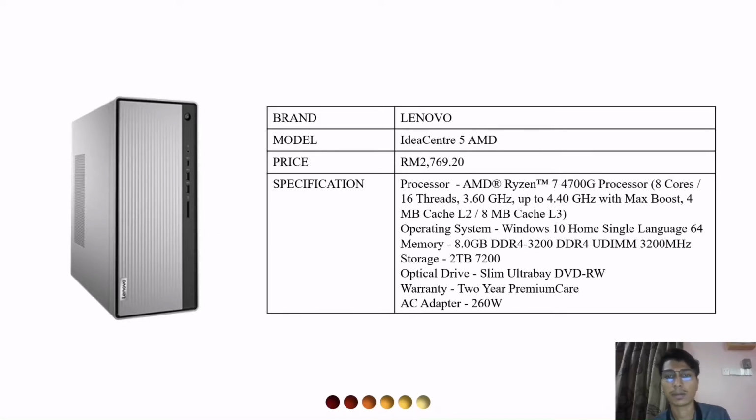The operating system in this PC is Windows 10 Home. The memory used in this PC is 8 gigabyte DDR4 3200 megahertz, and storage is 2 terabyte. Optical drive is slim ultra bay DVD-RW.